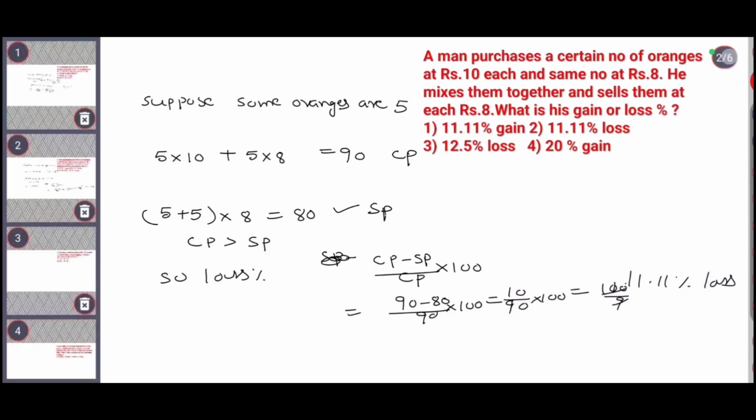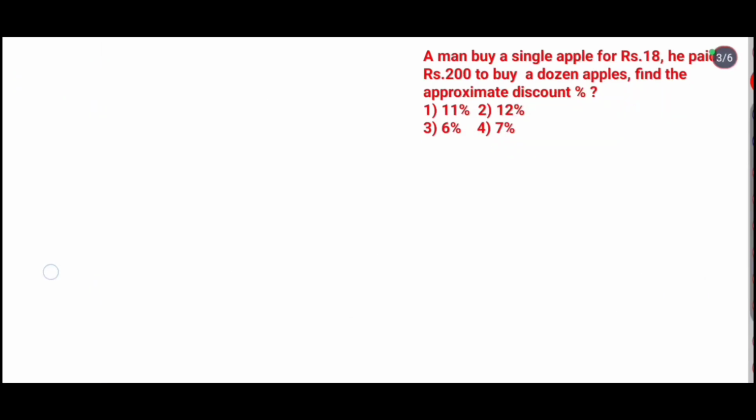And now we will go to the third problem. A man buys a single apple for 18 rupees. He paid 200 for a dozen apples. Find the approximate discount. Clearly, 1 apple costs 18 rupees. He gets some discount to buy a dozen apples for 200 rupees.